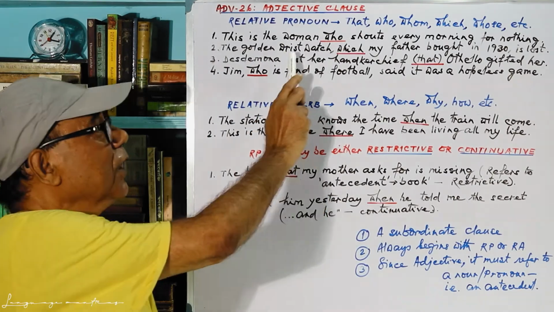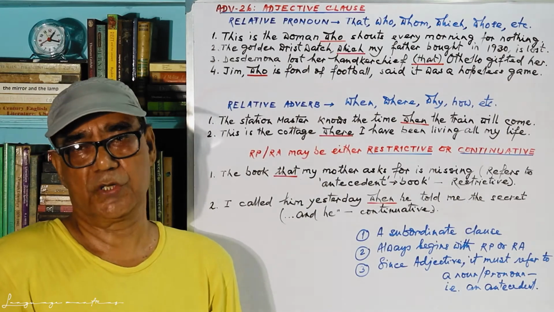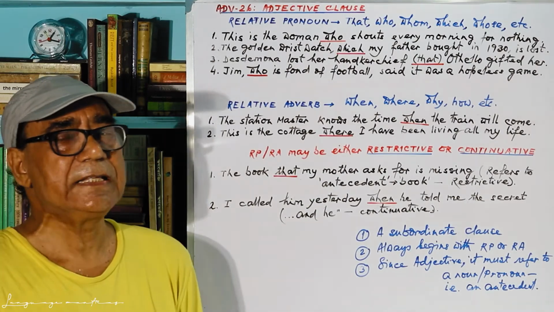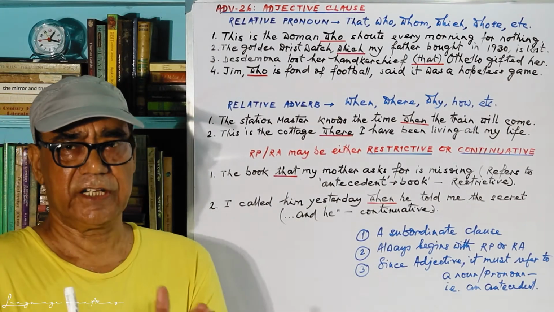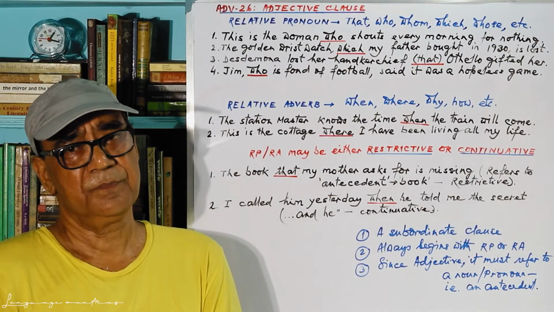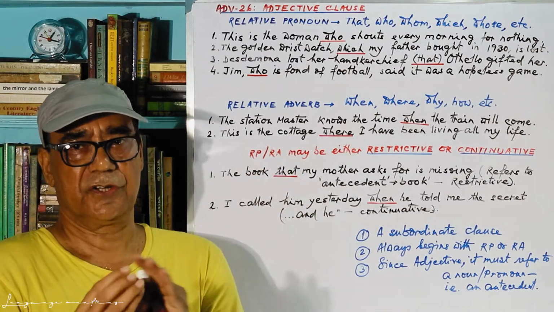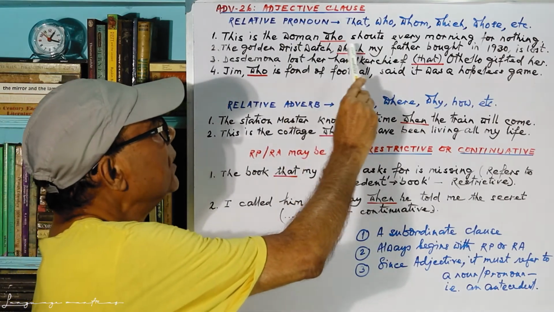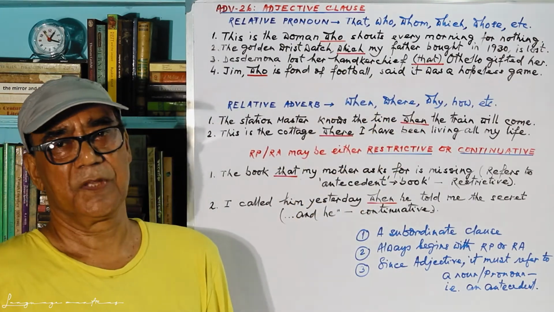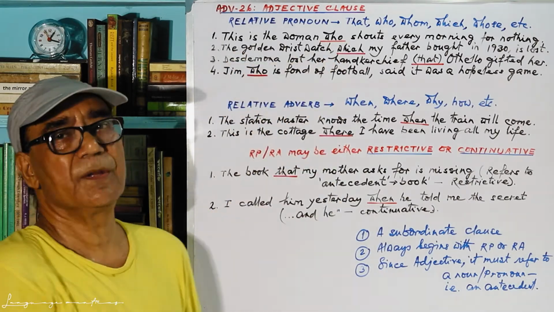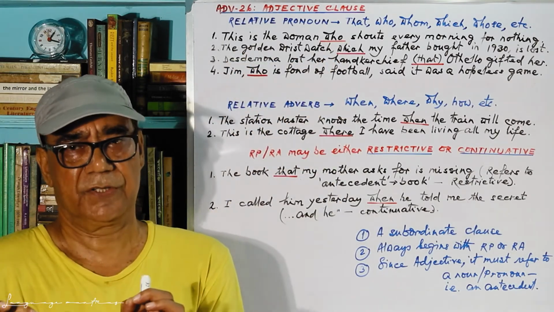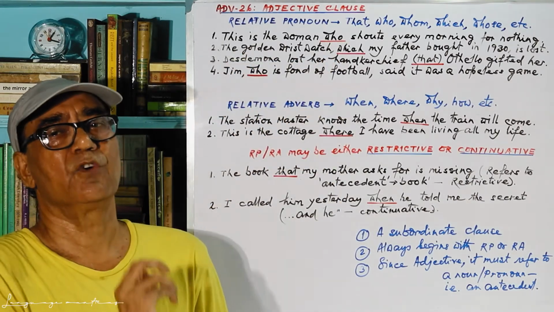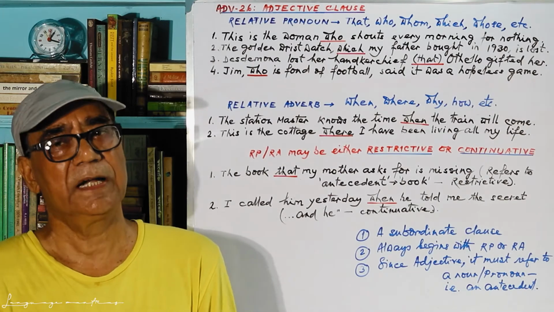Now, this adjective clause, or say relative clause, is sometimes called restrictive clause. Why restrictive? Because the meaning is somehow restricted. That means until and unless you use this relative clause, the meaning of this sentence remains a little bit incomplete, although grammatical requirements are very much fulfilled there.